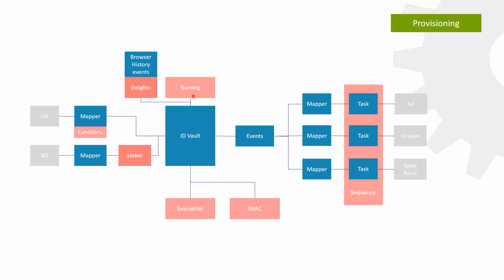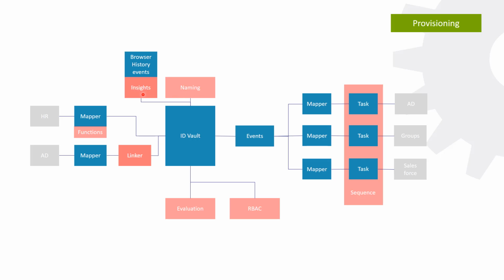And then you can also use the naming convention. So if a new person onboards, you can actually check what AD accounts are already available, and then you can run a naming convention algorithm to find a new name that can be used in the mapper and a new account created in the Active Directory. That's another block you need.